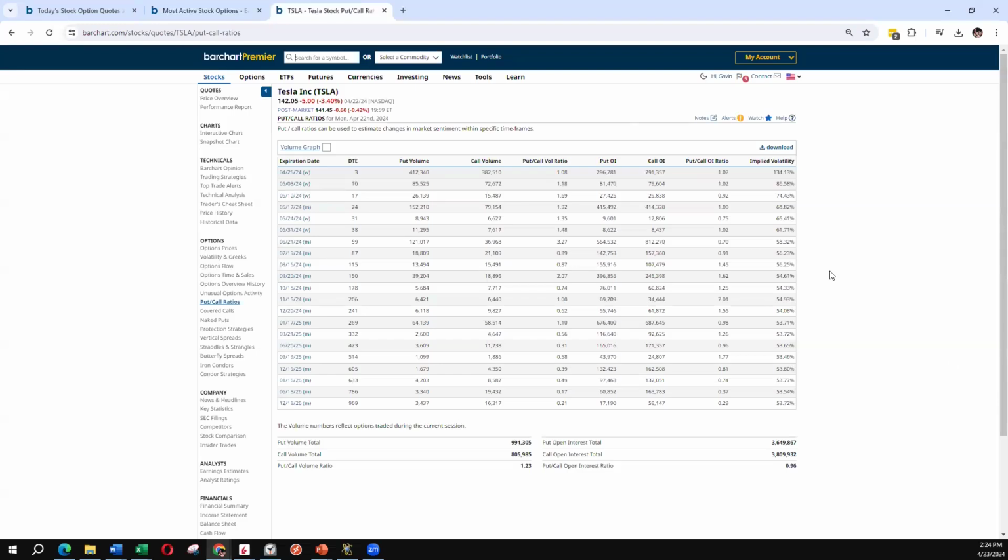Where this might be interesting is we can kind of see here that there's potential medium-term bearish sentiment in Tesla because there's a really high put call ratio from August, September, October, all the way through to December. So could be indicating some potential bearish sentiment and bearish positioning for later in the year, which you might not necessarily see if you were just looking at the first few expirations, which is all around 1.